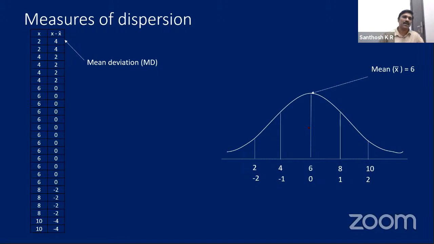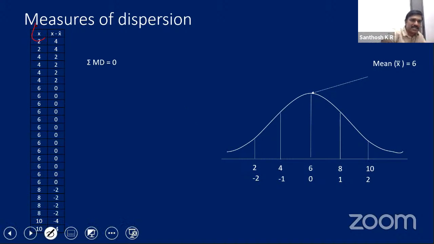Okay, so the total data we can call as x, and the mean we can call as x bar. If the mean is x bar, then I can find out the mean deviation by subtracting each score from the mean. So here 6 minus 2 becomes 4.